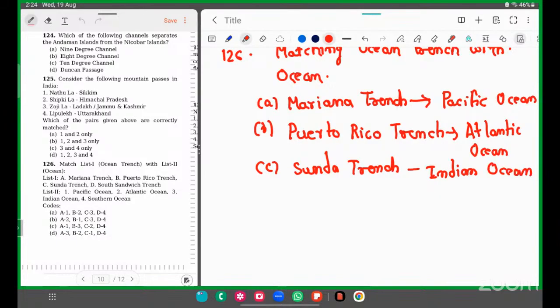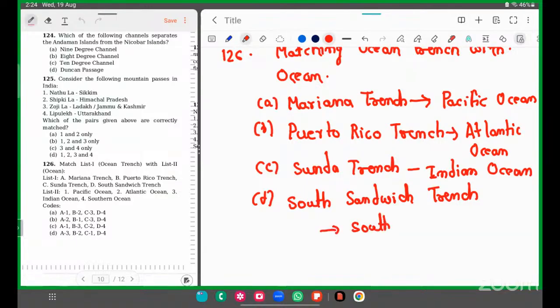And South Sandwich Trench, which is there in the Southern Atlantic Ocean. Correct option A.